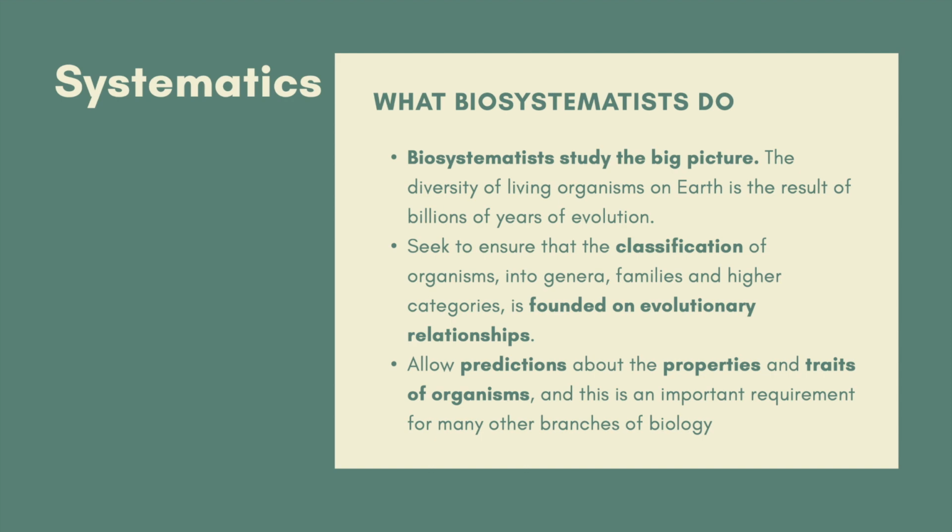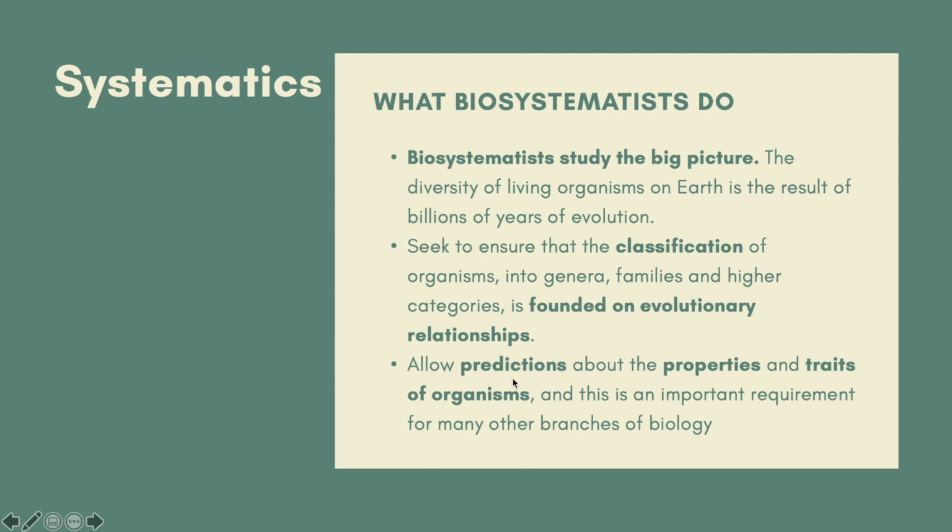We seek to also ensure that this classification of organisms that we see is actually based on evolutionary relationship. Because only in the light of evolution will all of this make sense. That our story in this world will make sense.